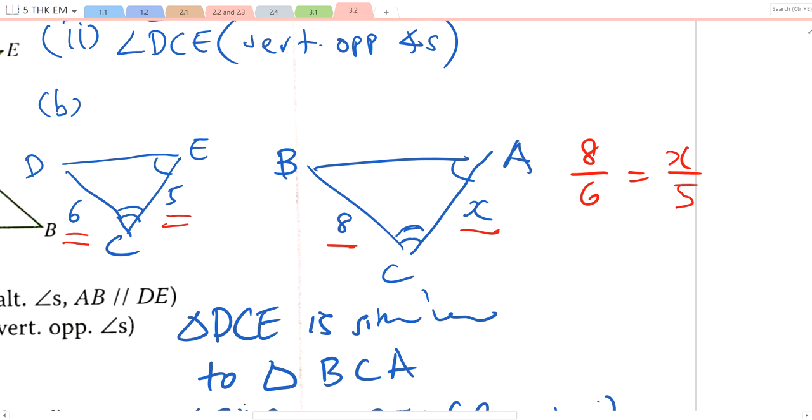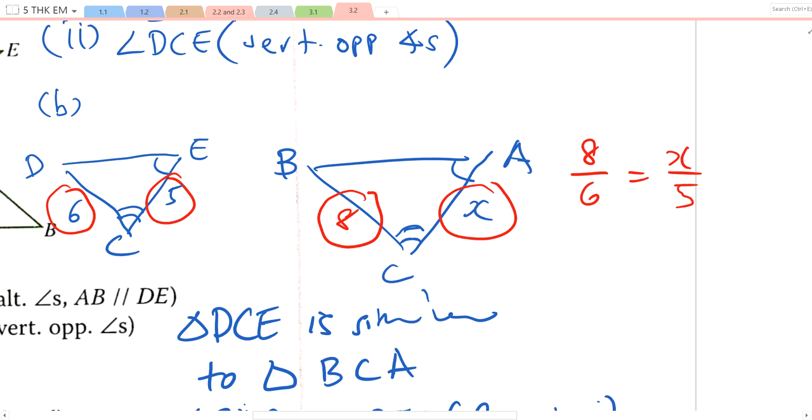Make sense? So the approach is like this. This was 8. We take one side divided by its corresponding length must be equal to my unknown on the same side divided by the corresponding length on the other side.